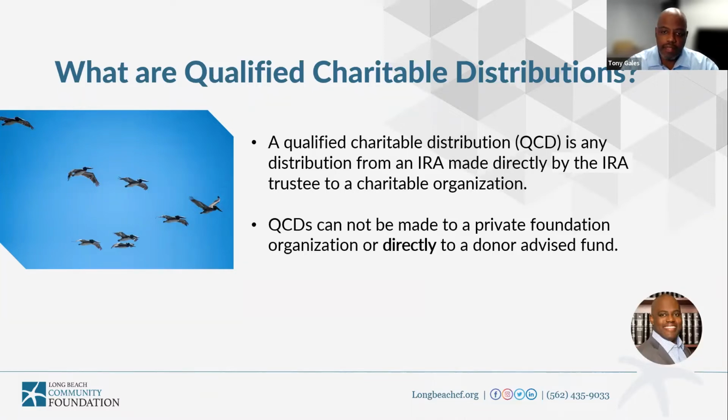So let's say, as with the example of 40,000, I reach out to my investment advisor and say, okay, I've got an RMD this year of 40,000, but I'm not looking forward to paying ordinary income tax on it. I want to make sure that I can exclude it. And on the other side, I was planning to give approximately 40,000 to various charitable organizations or one specific organization this year.